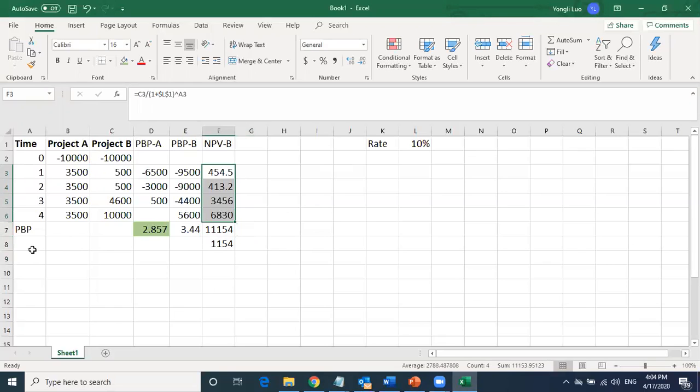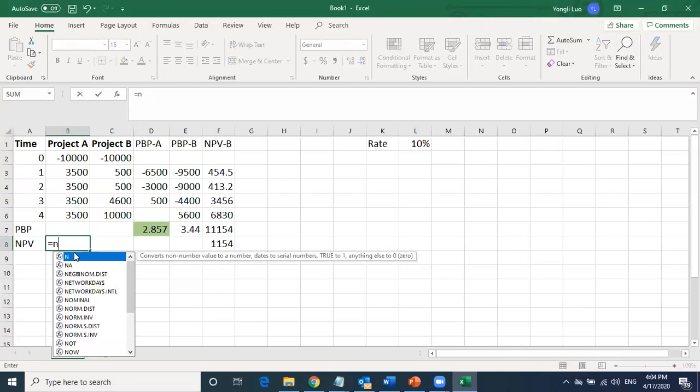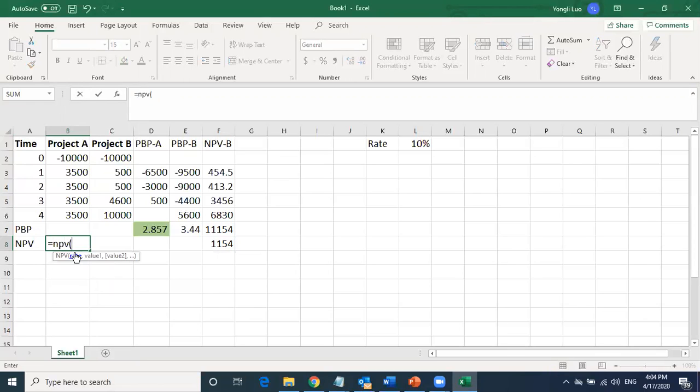But we have another way, very handy in the Excel spreadsheet, called the net present value function. We type the NPV function, select the rate, 10%, and you select all these values, plus your initial investment.